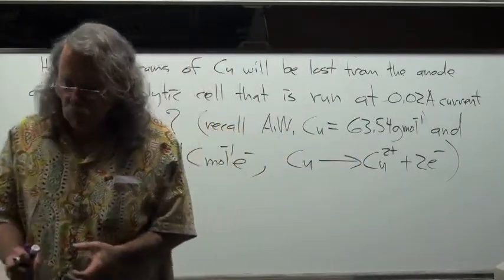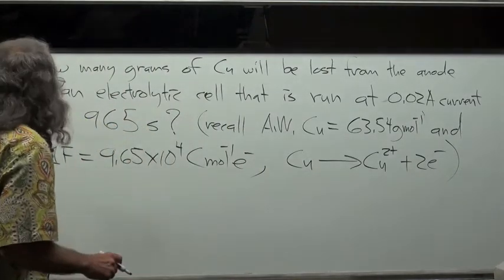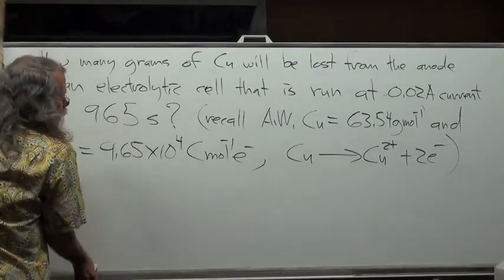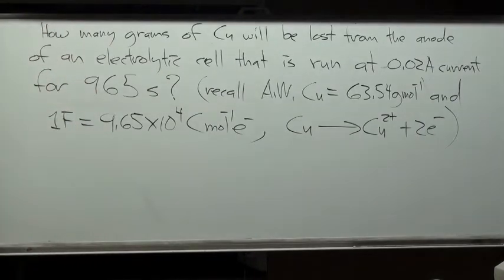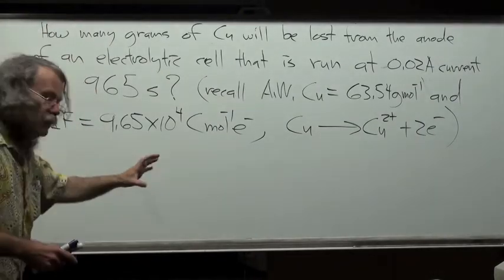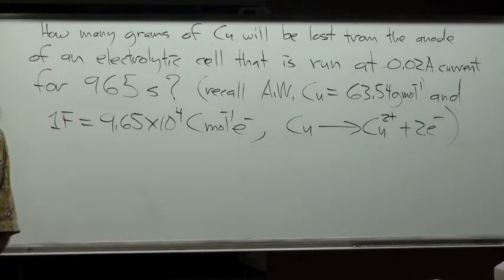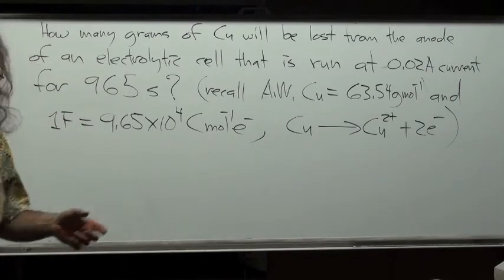Okay? So that's all the information needed to solve this problem. It's pretty much almost a one-stroke solution. It's going to take us one line to do, and maybe a second line to write the answer.